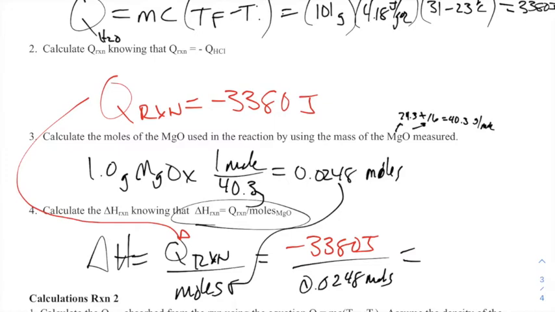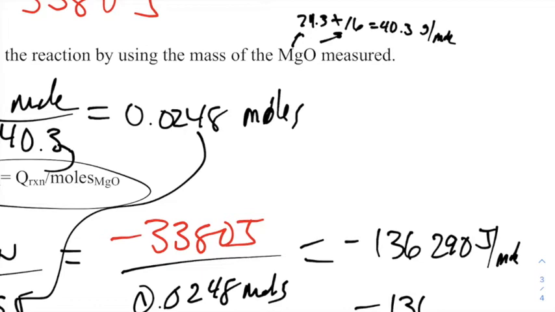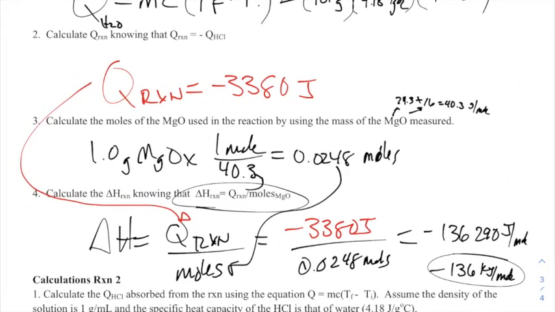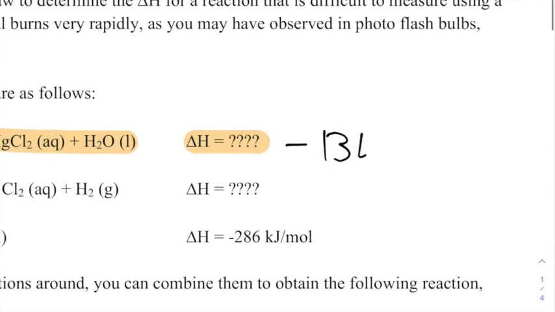And when you do the math on that, 3380 divided by 0.0248, you should get in the vicinity of negative 136,290 joules per mole. Or if we round that to kilojoules, then that's going to be negative 136 kilojoules per mole to 3 significant figures. So the delta H for this process here is negative 136 kilojoules per mole.